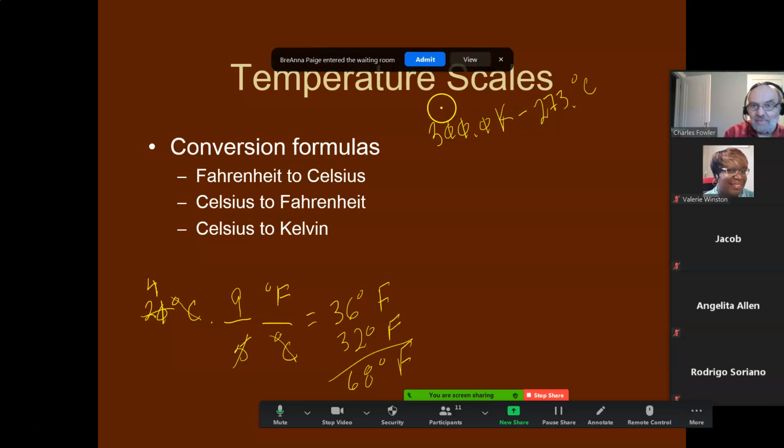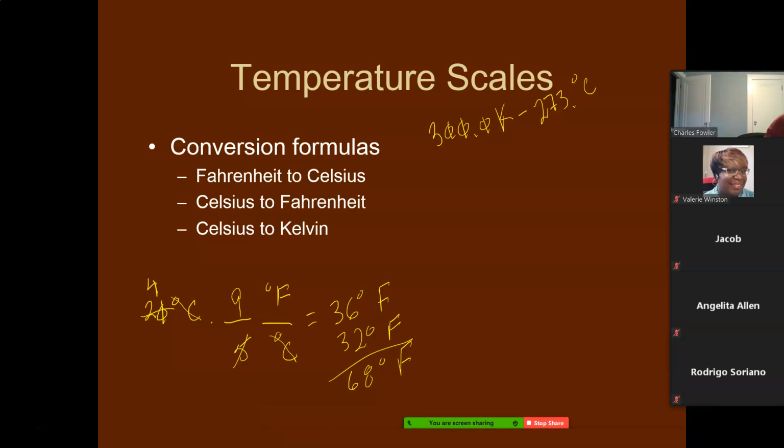Here's Brianna. Let me let her in and mark her present. All right, Brianna's here. Filling in a little bit of the gap there in the middle part of the alphabet. Still the top part is pretty sparse. Hopefully we'll get more in.